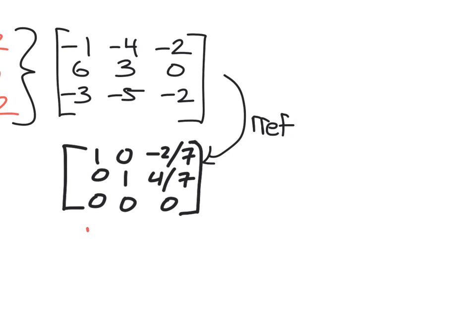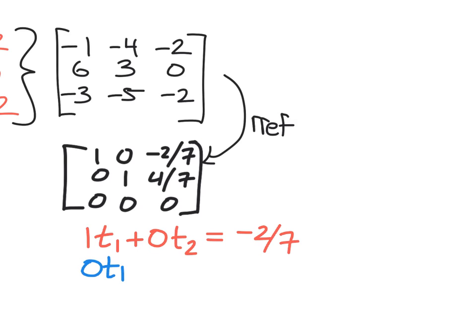If I read this across the top, what I'd be looking at is 1 T1 plus 0 T2 is equal to negative 2 sevenths. And then 0 T1 plus 1 T2 would be equal to 4 sevenths.